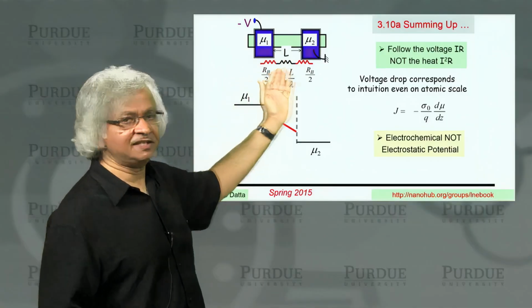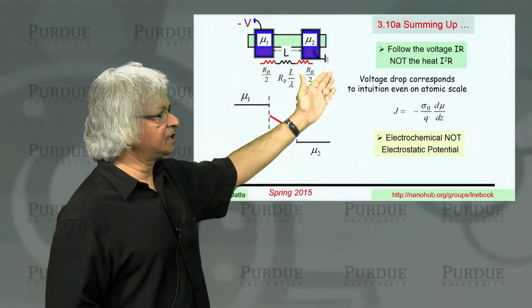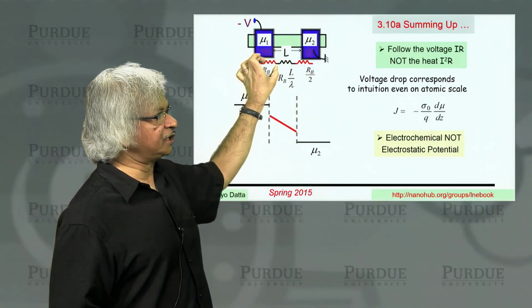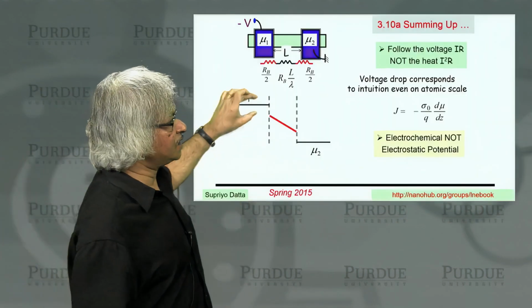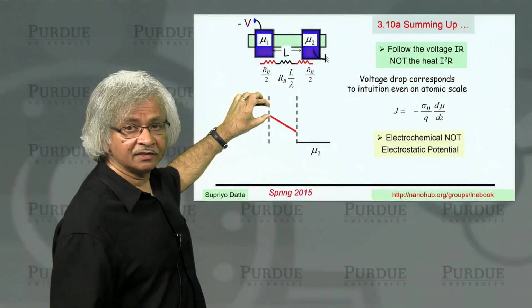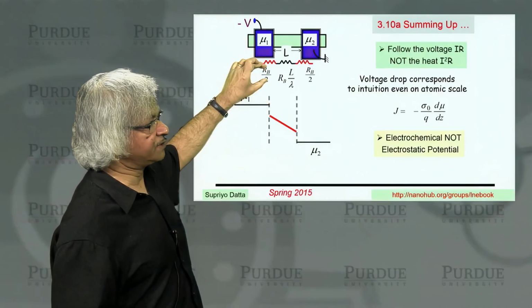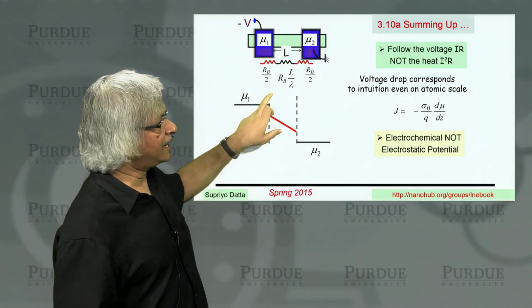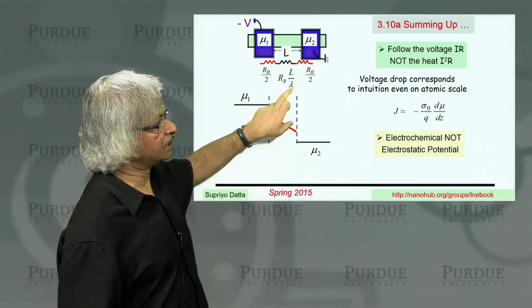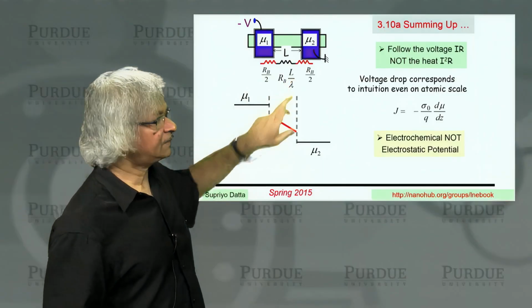Because this is like a series circuit. When a current flows, there's a voltage drop associated with each resistance, current times resistance. So anytime you see a voltage drop like this, you say there must be a corresponding resistance. Voltage drop here corresponds to that resistance. And this linear slope here corresponds to the channel.